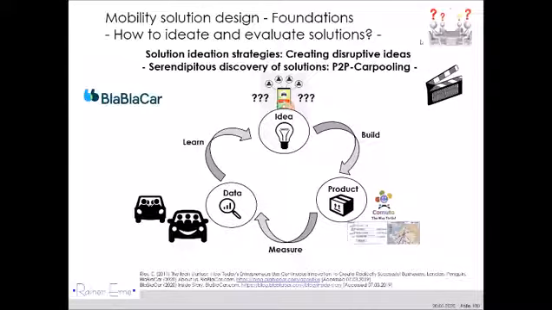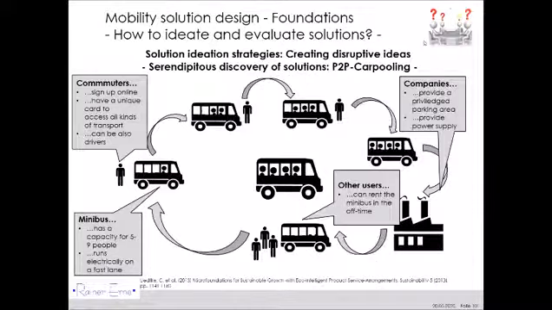And this approach you can also develop further. So if you take the idea of BlaBlaCar, which means social network and shared cars, you could also employ or transfer this idea to commuters commuting to work.